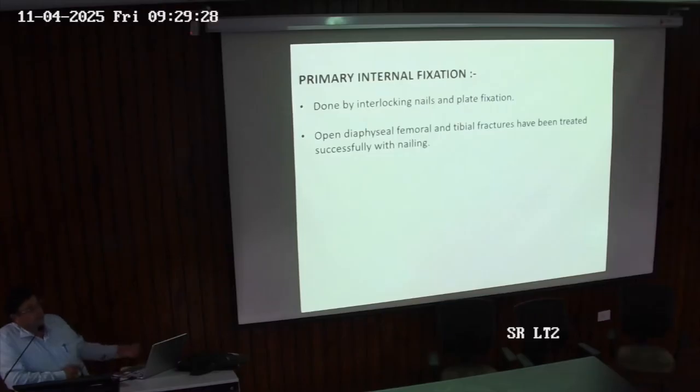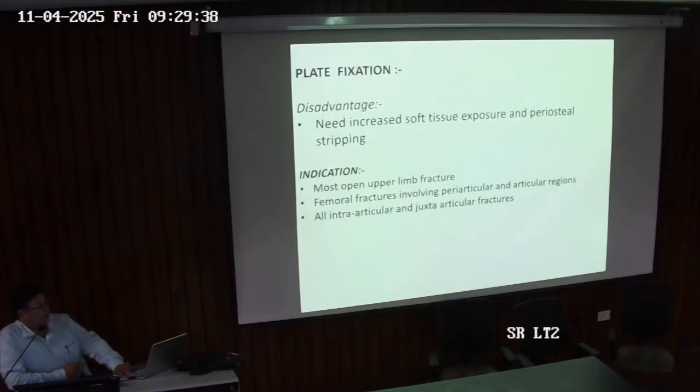So primary internal fixation, as we have discussed, when the wound is clean and very small. Plate fixation needs increased soft tissue exposure and periosteal stripping, so it may lead to infection and is usually avoided in open fractures.